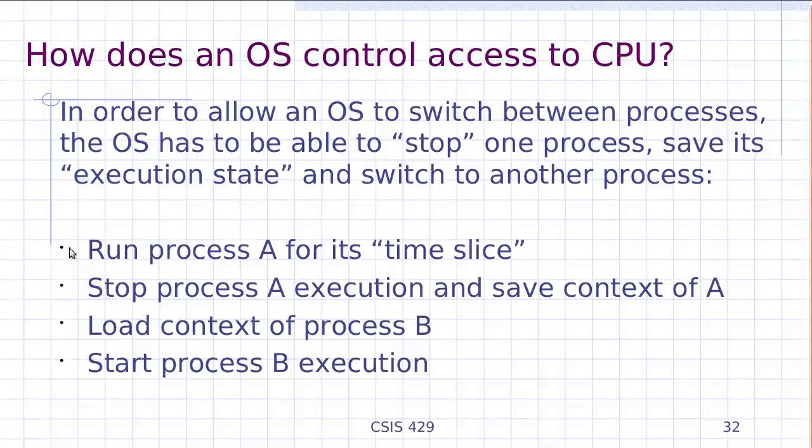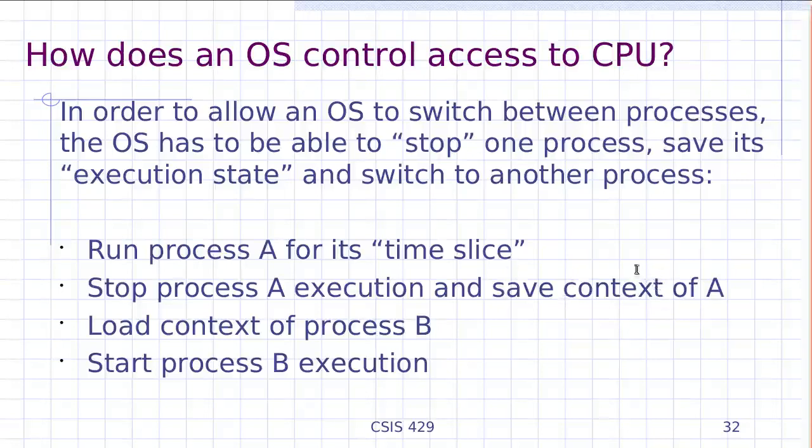So let's say you run a process A for some amount of time, that is its time slice. You stop A and then save all the context, which is the registers. I'm going to just pretend that the context of a process is its register values, and that's a big part of it. But there's also all kinds of memory locations and things you have to track also.